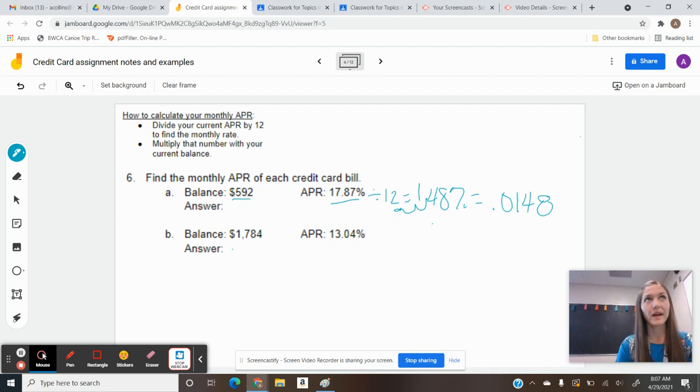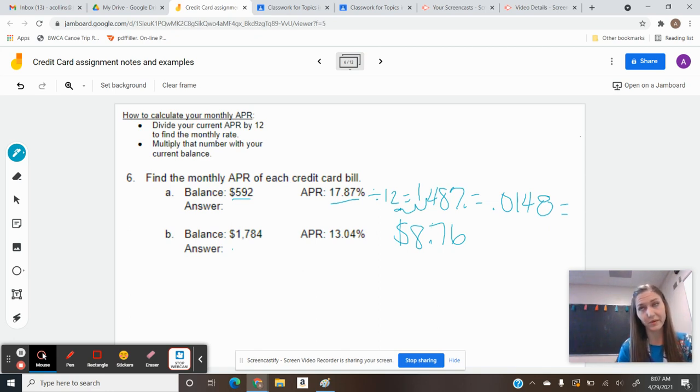And this will tell me how much extra I'm being charged that month just for using my card. And it looks like this month I'm being charged an extra $8.76.